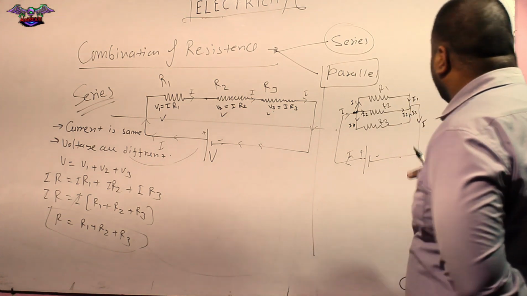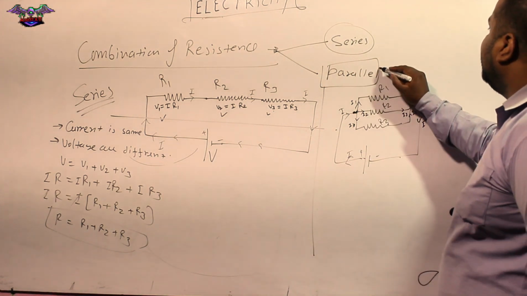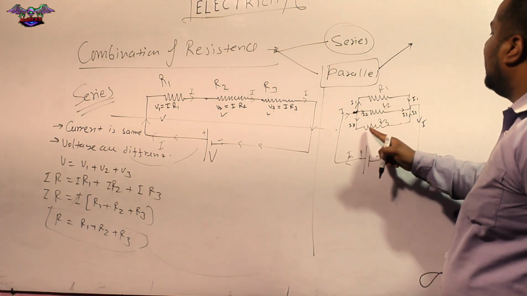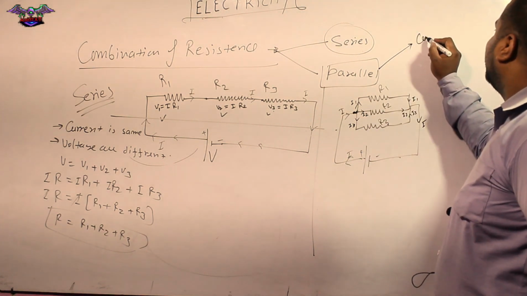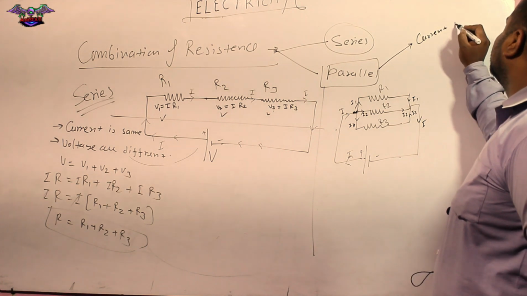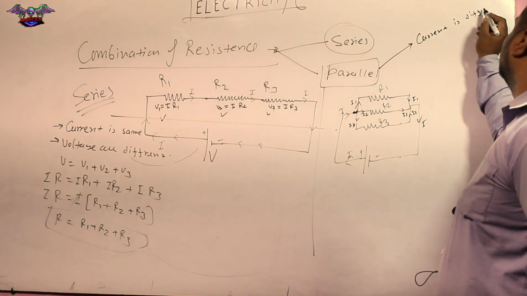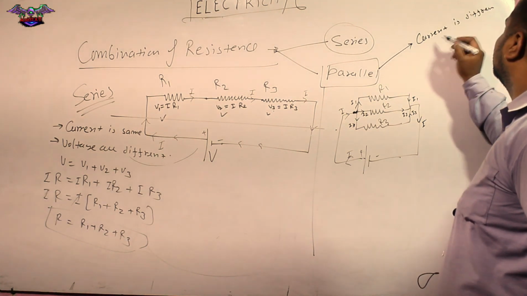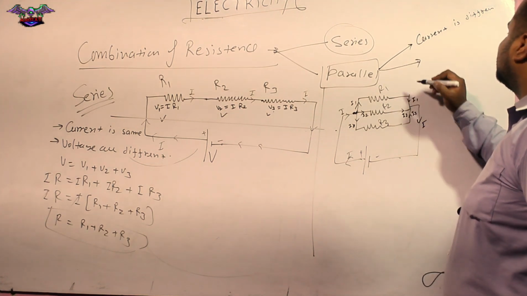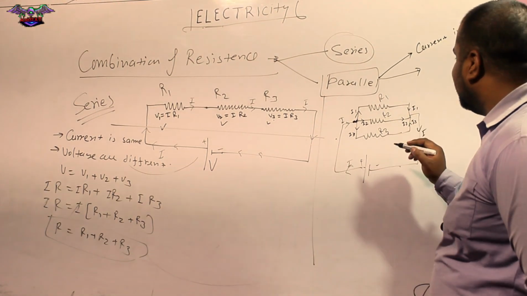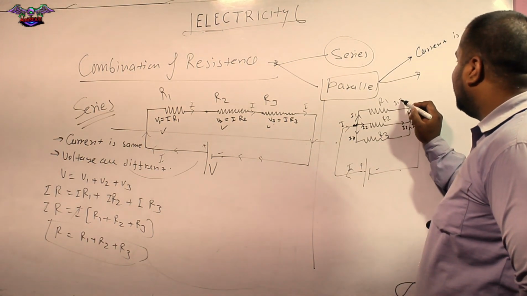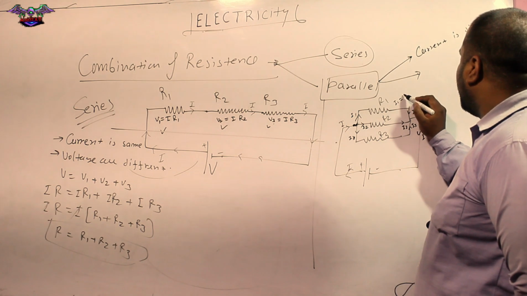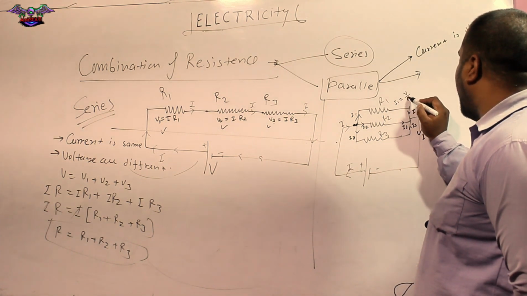Right? So what we discussed is that in parallel circuits, current is different, but voltage is the same. Just check for the resistance R1: I1 equal to V upon R1.